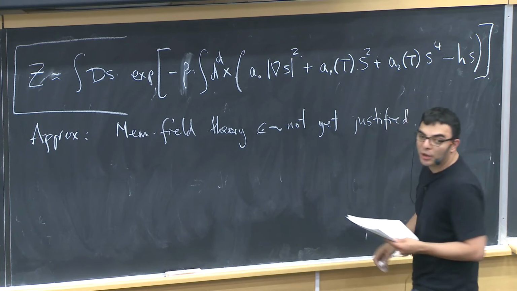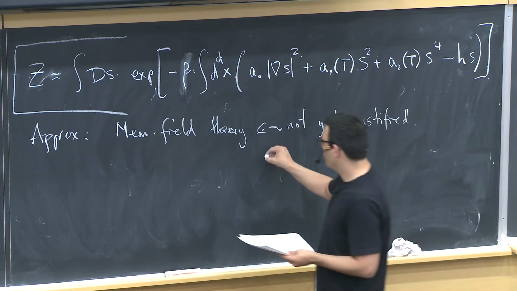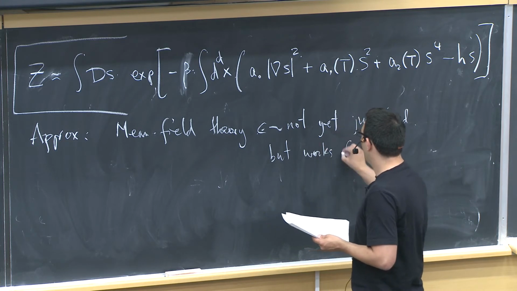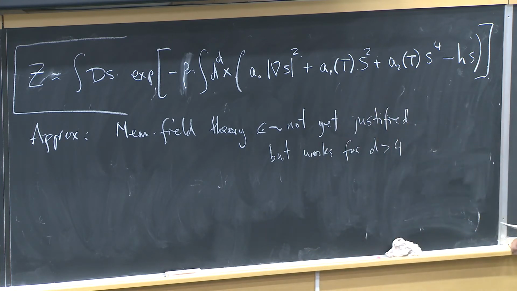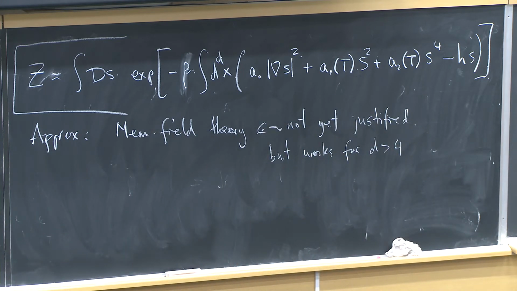I'll just make the approximation, and then we'll figure out when it works and when it doesn't work. It turns out that it works for d bigger than 4. It does not work for d less than 4. But it's the first approximation that we can make, and it's good to understand why it works when d is bigger than 4 and why it doesn't work when d is smaller than 4.